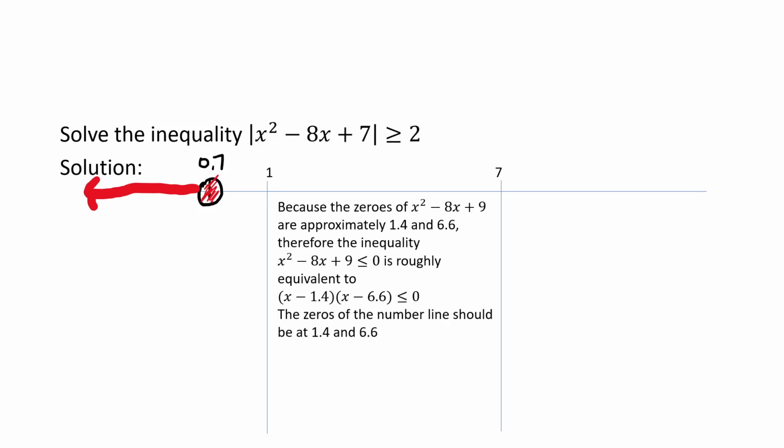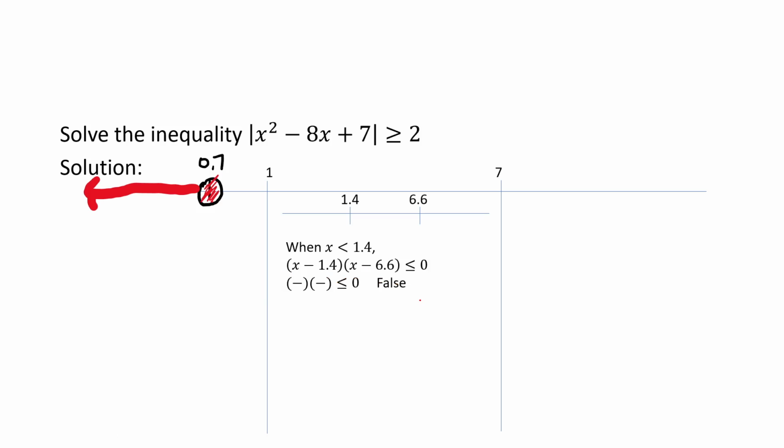So since we're testing within this interval between 1 and 7, we're interval testing x squared minus 8x plus 9 less than or equal to 0, which is roughly the same as this. So we can build a number line within this interval with zeros at 1.4 and 6.6. And now remember, what we're testing is x minus 1.4 times x minus 6.6 is less than or equal to 0.